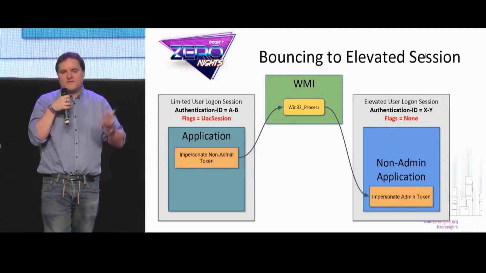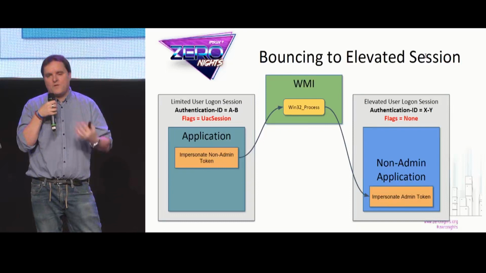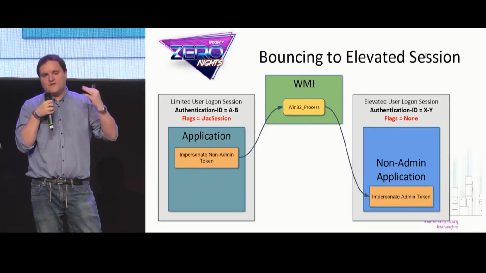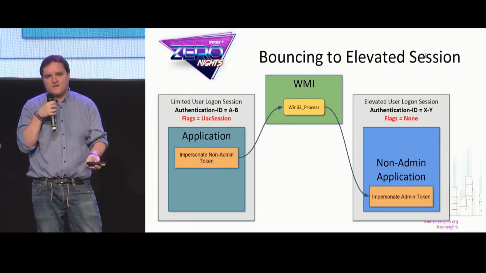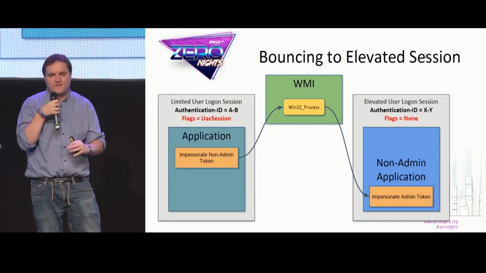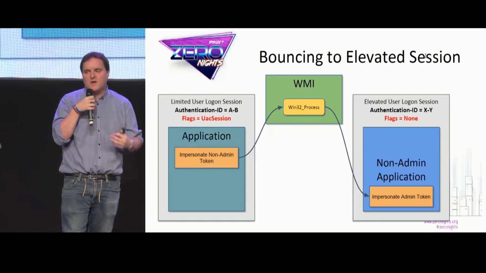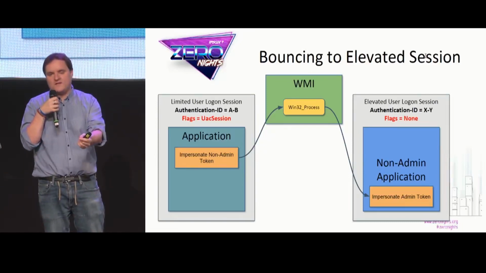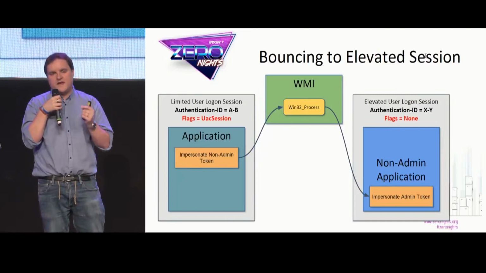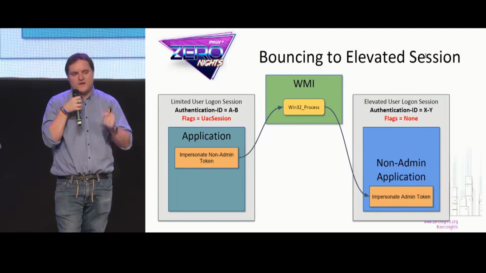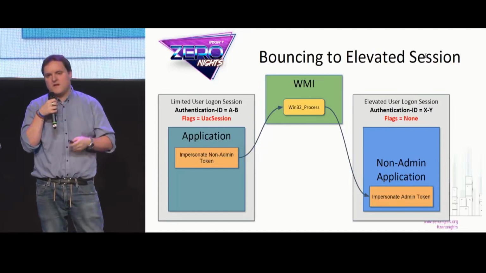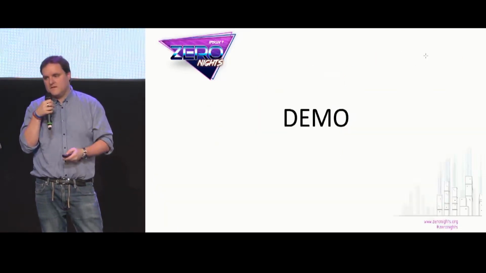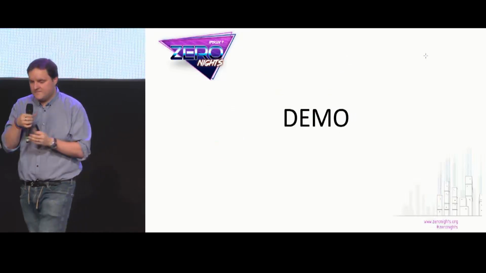So because we can impersonate the low privilege token, while we can't create a process directly, we can use something like WMI, which will take the impersonation token and generate a new process based on that token. At which point we now bounce into that other elevated session, still as a normal user, but crucially now we can pass that check. We can now impersonate that privilege token and get admin privileges again. So let's demo that.